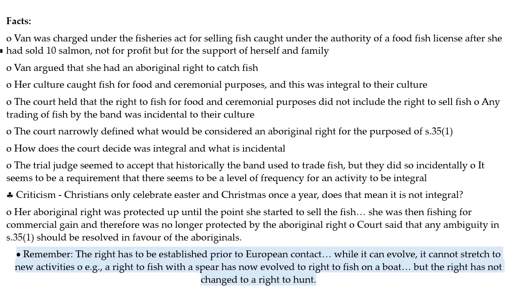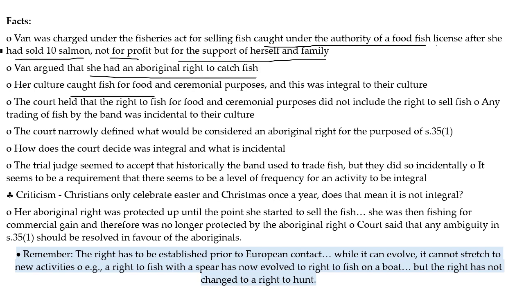Van der Peet was charged under the Fisheries Act for selling fish caught under the authority of a food fish license, after she had sold 10 salmon not for profit but for the support of herself and her family. So not for business purposes but just for family purposes. She argued that she had an aboriginal right to catch fish.